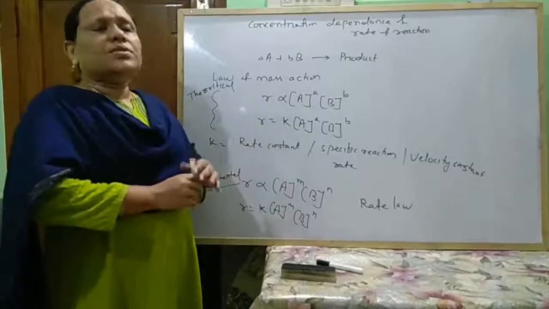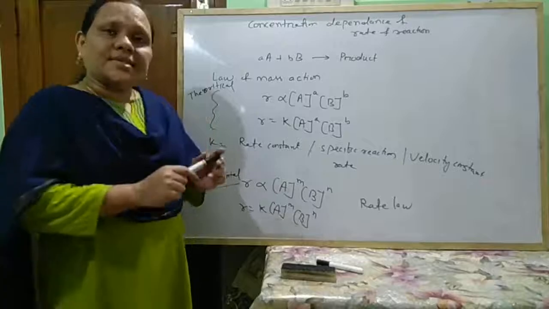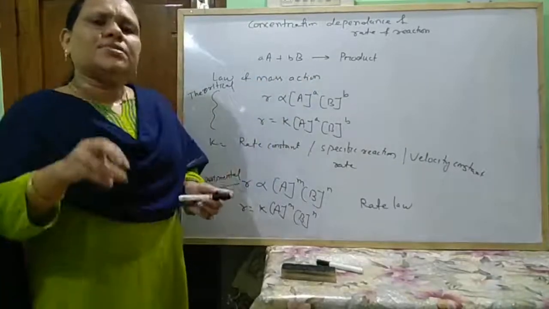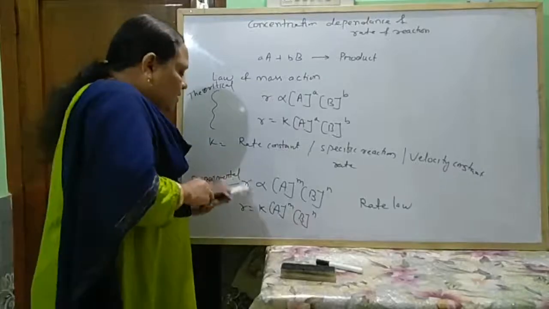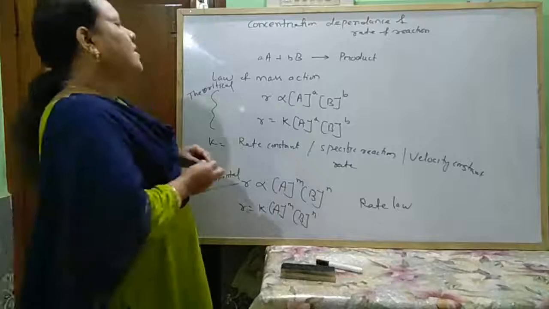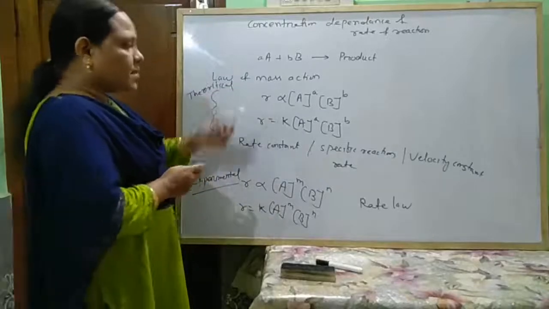So the theoretical number of students is 50, but actually the students who receive it are 30. So the rate is proportional to students to the power 30, like this. This is a similar example.